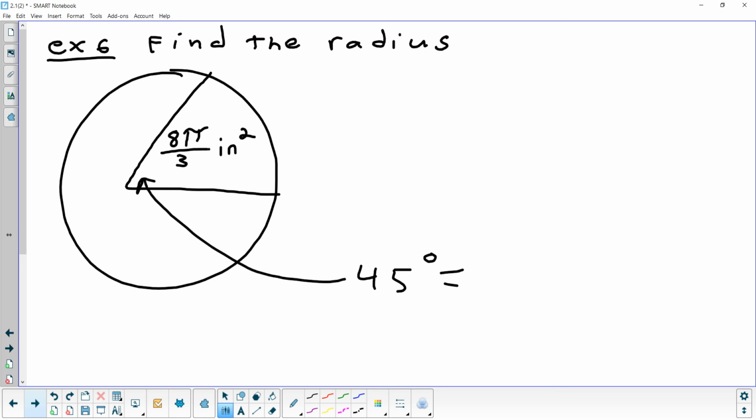After a while, if you've worked with like the 30s, the 60s, and the 45s, those multiples come up a lot. So some of these you may have memorized. This is one I haven't memorized yet. Is it pi over 4? It's pi over 4. Yep.